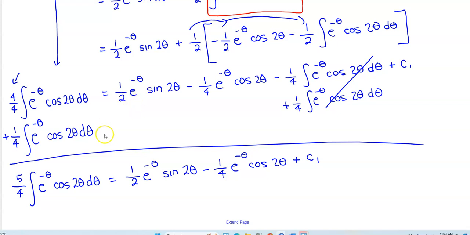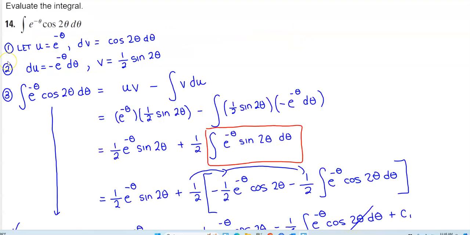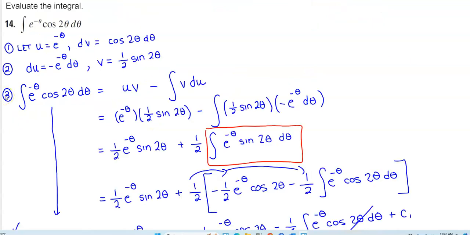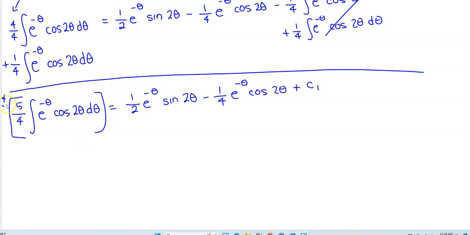So now, since we want to solve for this integral, we're going to multiply both sides by the reciprocal of 5/4. So we're going to multiply this side by 4/5, and then we're going to multiply this side by 4/5. So now we end up getting the integral of e to the negative theta times the cosine of 2 theta d theta.